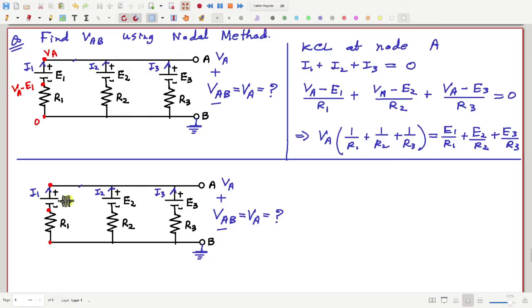Now, let me take a very particular example. Here I will give you the exact values of these sources: 50 volt, 40 volt, and 60 volt. And these resistances are 10 ohm, 20 ohm and 20 ohm.